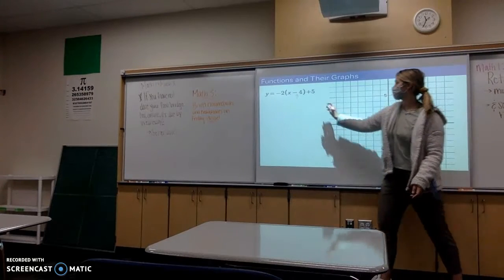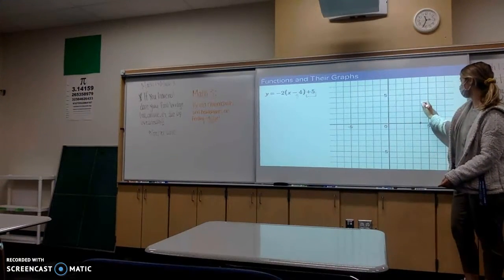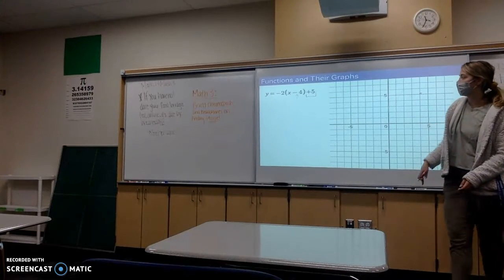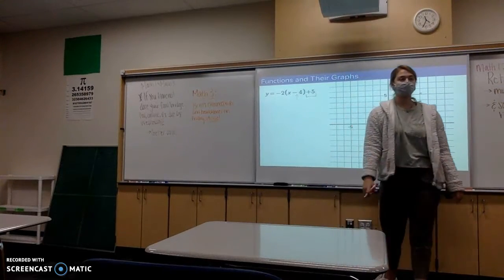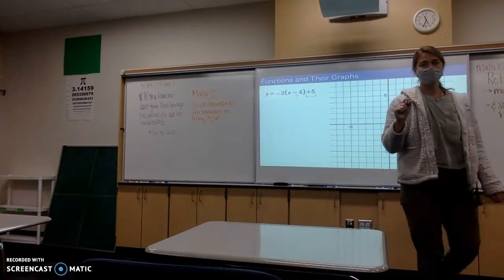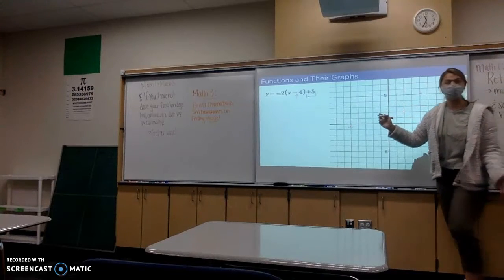And how'd you know up 5? Because it's +5 right here, so we're going to go 1, 2, 3, 4, 5. Okay? And what about this -2 out here? That's the slope. What about it being negative? It means it's going down. Yeah. So it's a decline. So it's going to decline twice as fast.